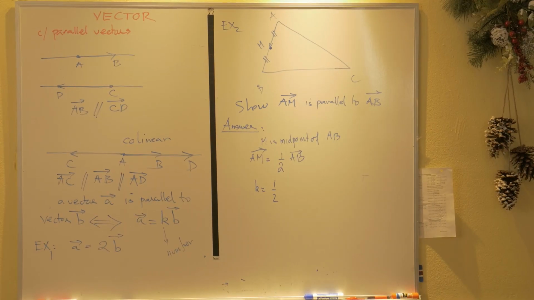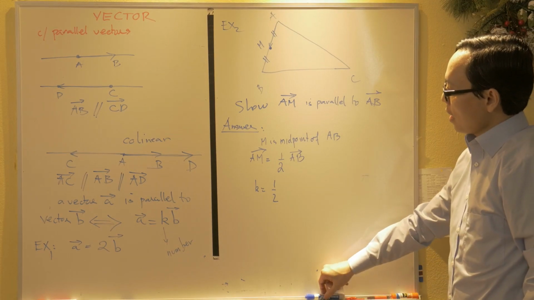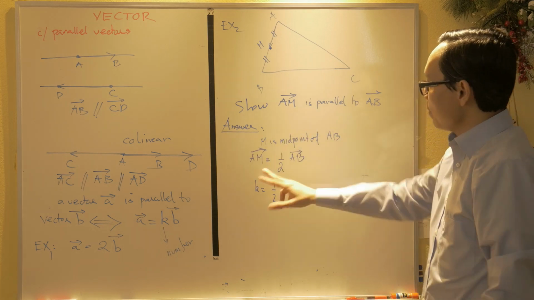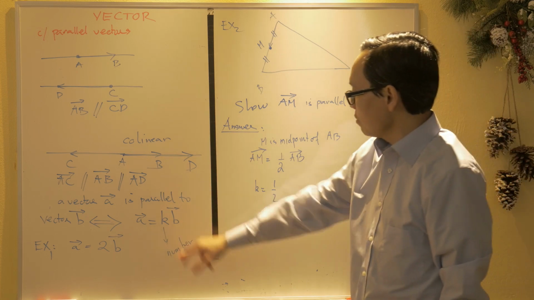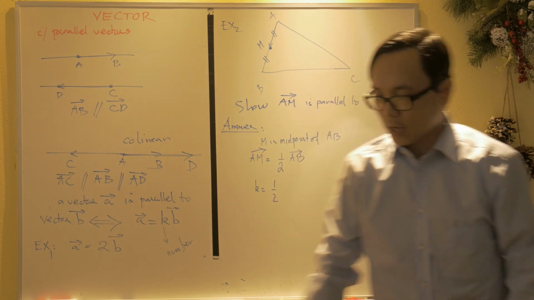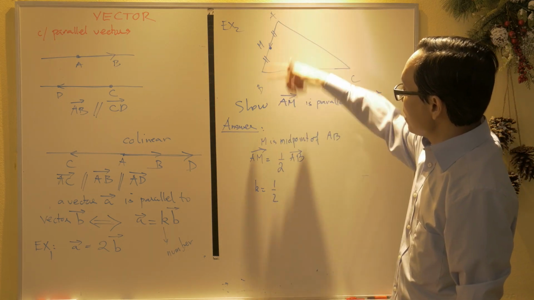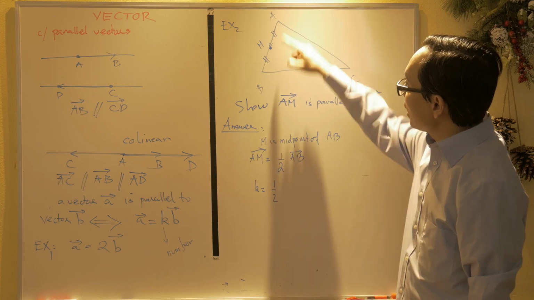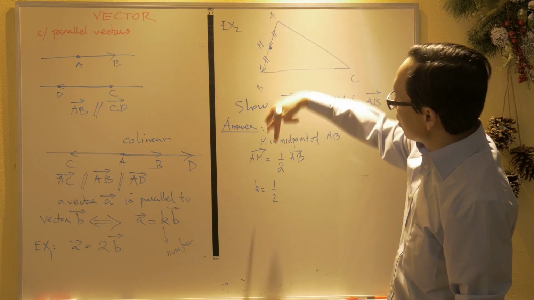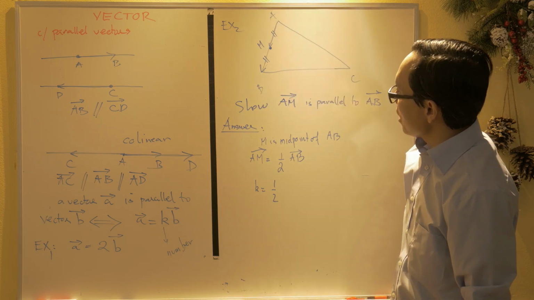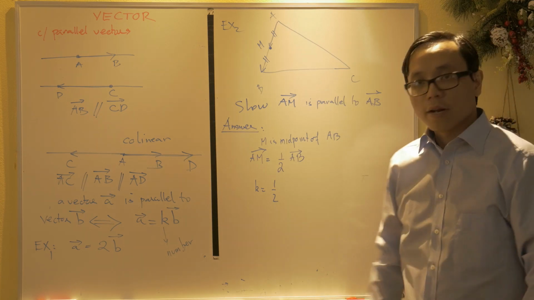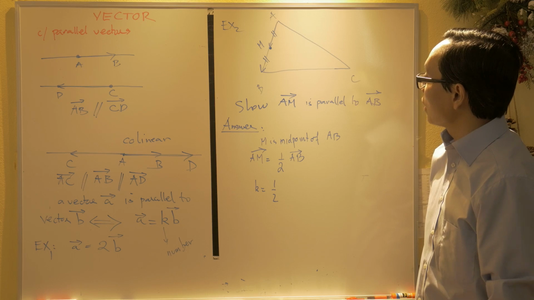So I can conclude that AM is parallel to AB because AM is a number times AB. The number could be positive or negative. In this case, because AM and AB have the same direction, pointed downward, we have a positive number. If in the opposite direction, then we have a negative number.